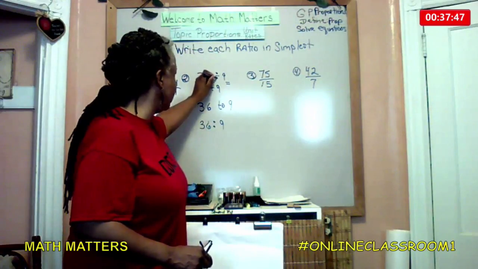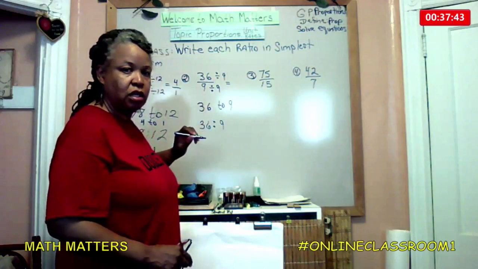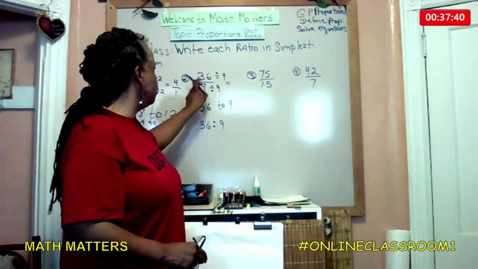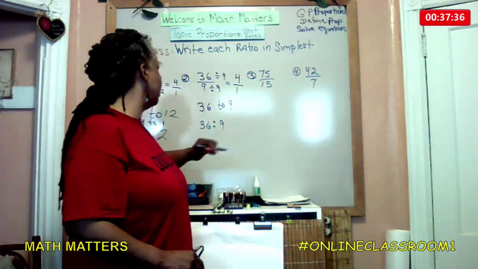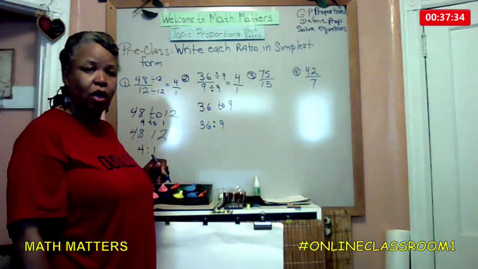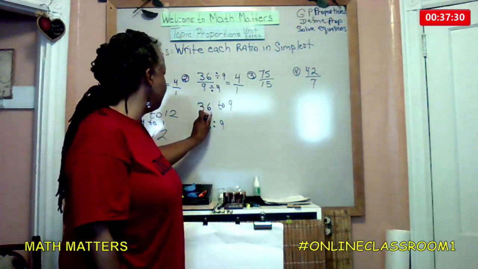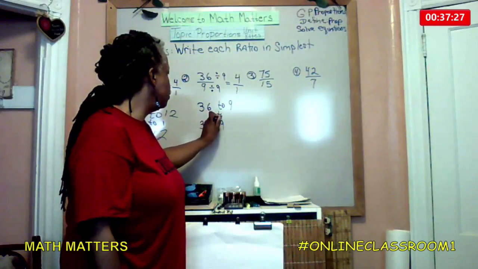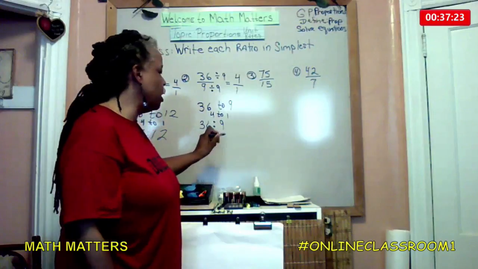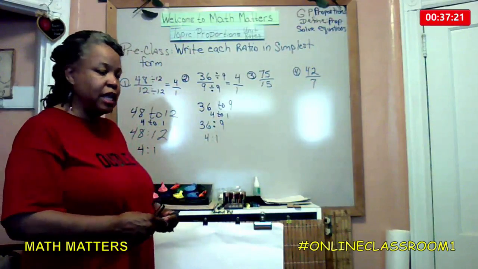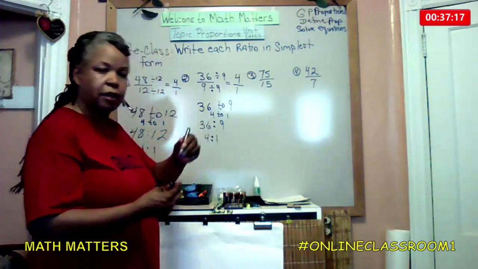I want to make sure you realize these are division symbols and not subtraction. Okay? So 36 divided by 9 is 4, 9 divided by 9 is 1. Oh my! Oh, how nice! So I also have a 4 to 1 ratio here, and a 4 to 1 ratio written in this format. I know dots are not showing up too brightly.